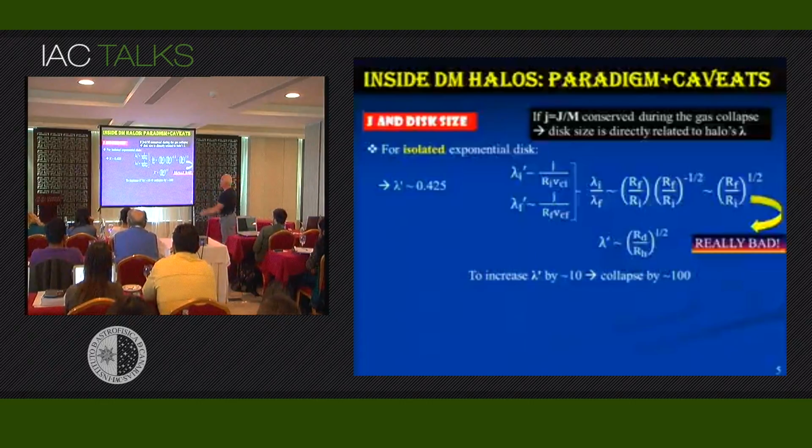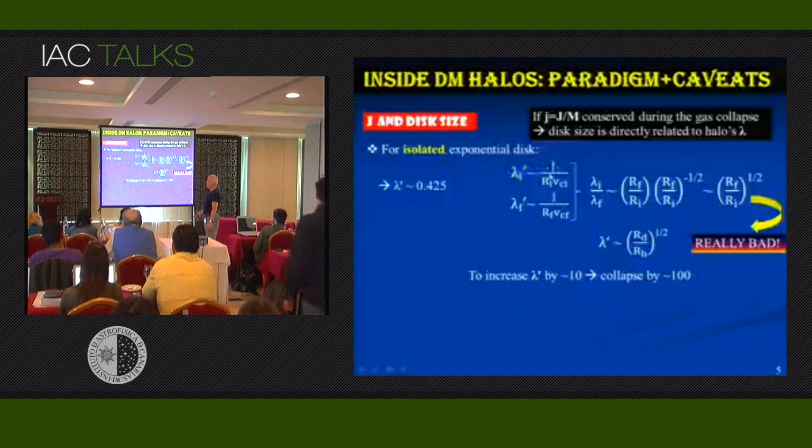So what I would like to know now is, if I start with a particular spin, where will I end? What size of the disk will I get? And this is an isolated disk. So here is the initial spin in the units that I define: specific angular momentum, the virial radius of the halo, and the virial velocity, or circular velocity, describing the halo. So this is the initial one, and this is the final one.